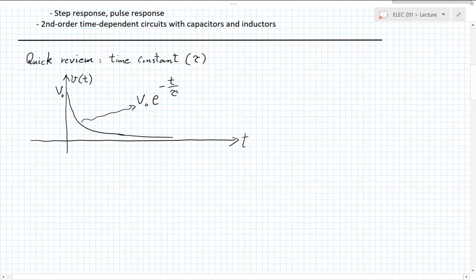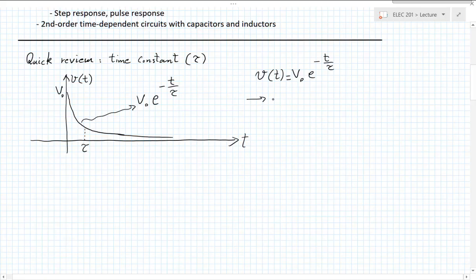Okay? Now, I'm not referring to the answer for a particular circuit here. I'm just saying take a function in general that has such a behavior. The time constant tau is what you have in the denominator in the argument of that exponential. And if you calculate what has happened to the signal after time tau, this is what you have. In this case, v of t is V naught e to the minus t over tau.